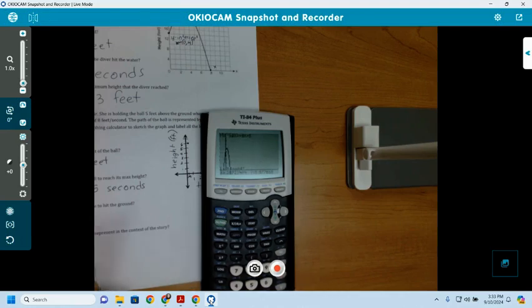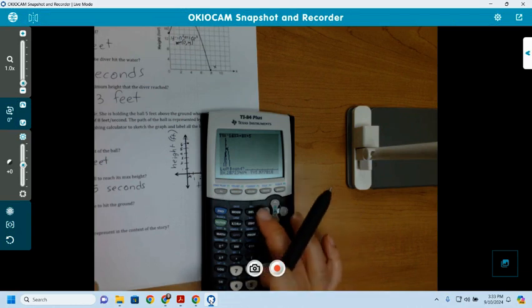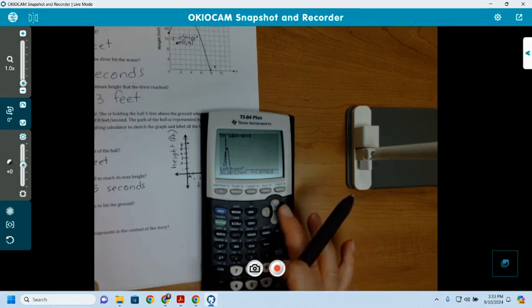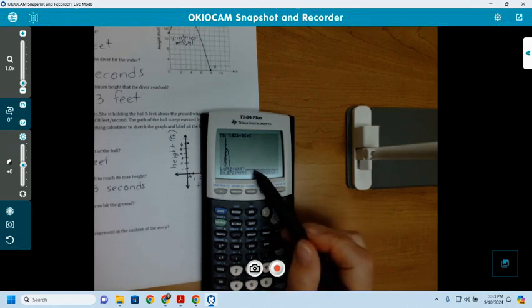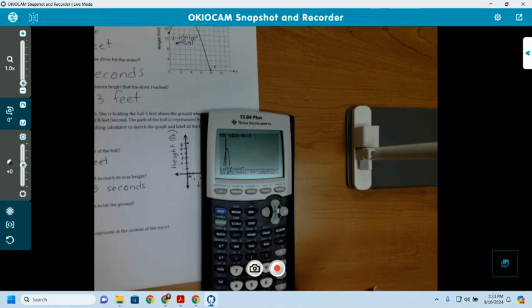So we want number 2. I see y equals negative.